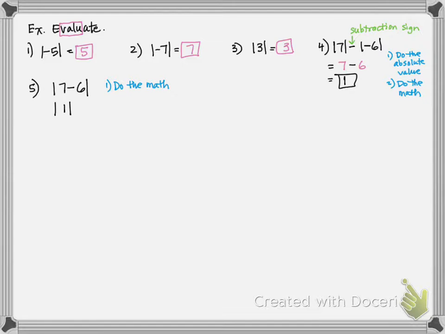And then we're going to take the absolute value, or find the absolute value. Well, how far is 1 from 0? It's just 1 away. So there's our answer, is 1.